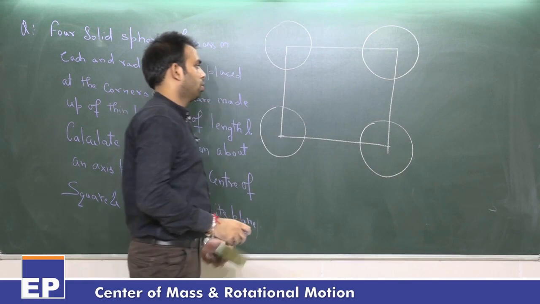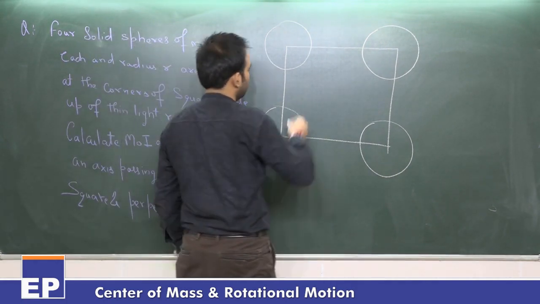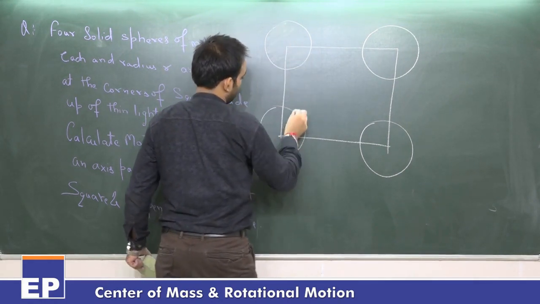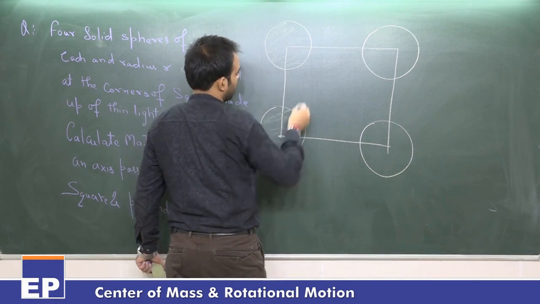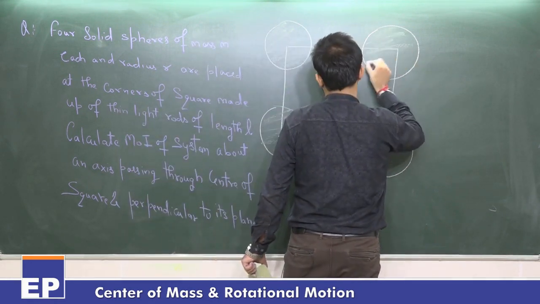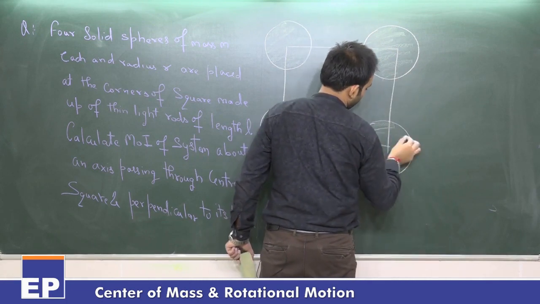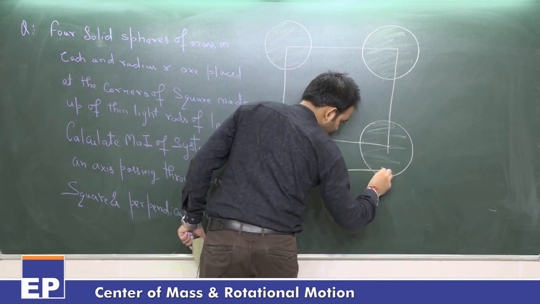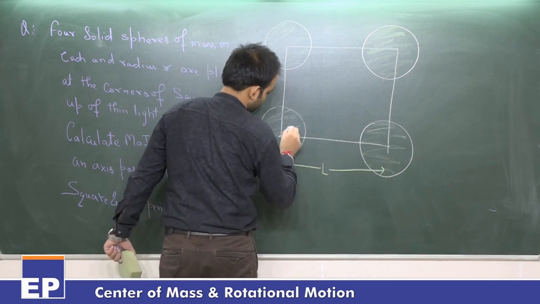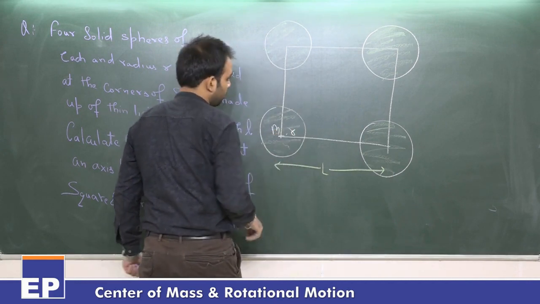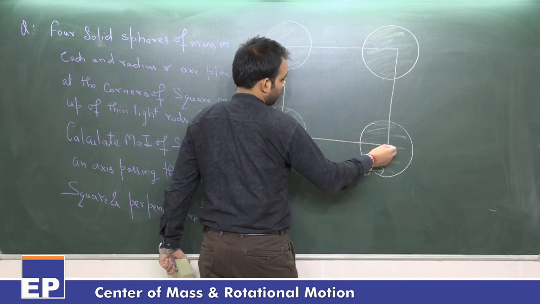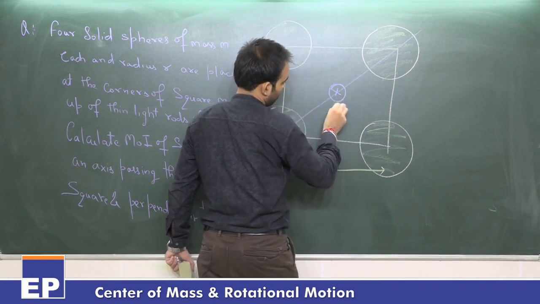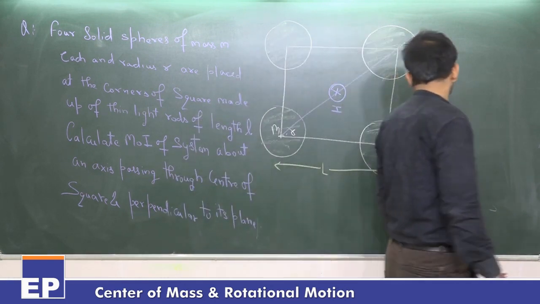These are the solid spheres. हर किसी का मास कितना है m and radius of each is r and the length of this side is L. We have to calculate moment of inertia about an axis passing through its center, this axis, about that axis.